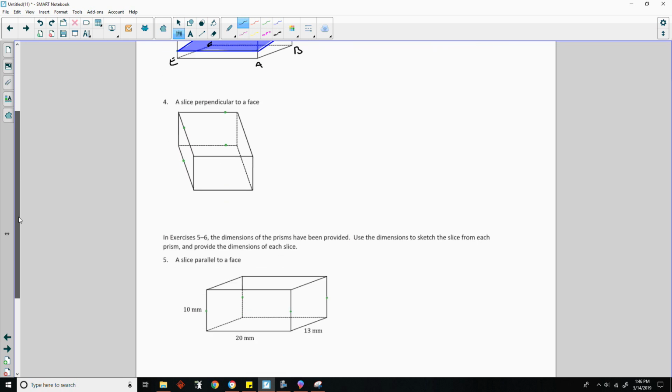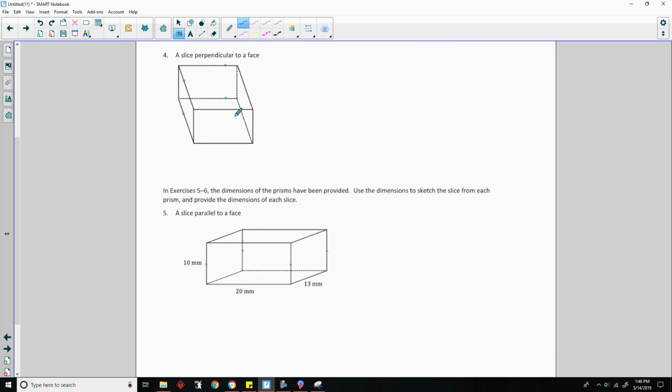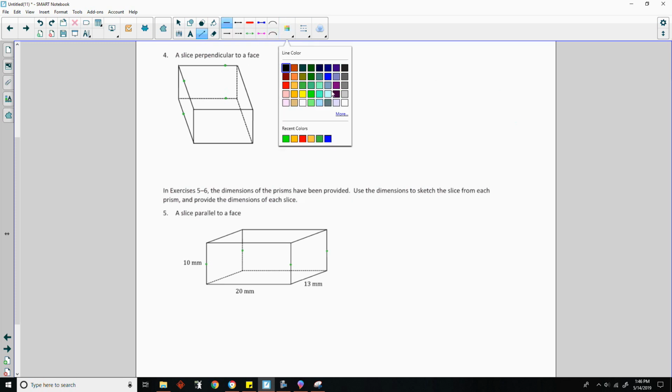Okay, number 4 says to draw a slice perpendicular to a face going through these 4 points. Okay, so I'll do this again. In this case, I will use, oh, I don't know, how about orange? And again, I try to be as accurate as I possibly can.